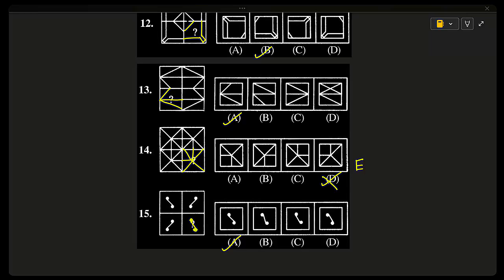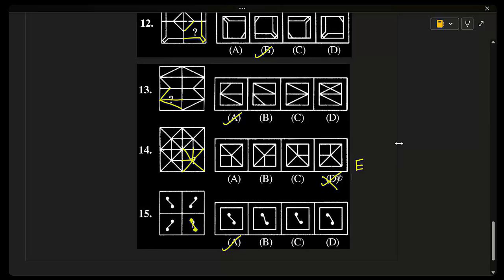Sir, it's option B, sir. 15, you are saying option B. Yes, sir. No, not B. You can see the direction. It should be like that, and the direction is completely different. So you can see that these two should be mirror images of each other. So the dot should be on this side, not on the other side. Okay, sir.